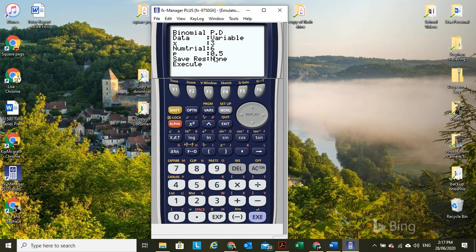I've still got a 50-50 chance of getting a head or a tail. So away I go. So now it's telling me I've got a 31% chance of getting 3 heads if I toss my coin 6 times. Given that it's a nice coin, given I've got a nice motion, and given that it's a very fair coin, 50-50 chance.